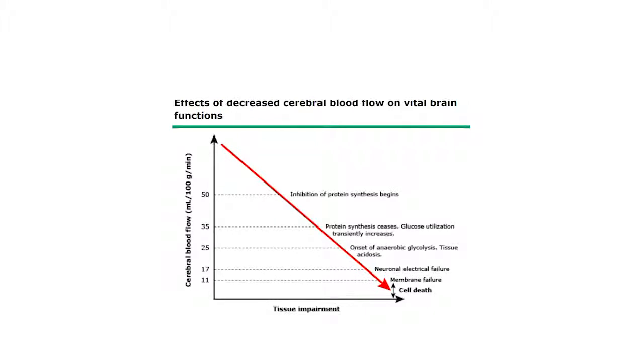So when the blood supply is down to 10 to 12 per 100 grams per minute, then there's cell death and eventual infarction.